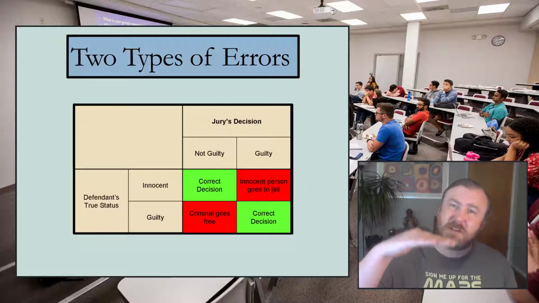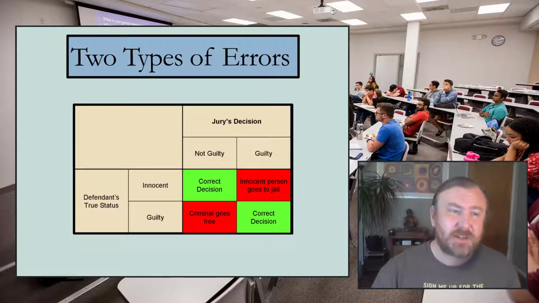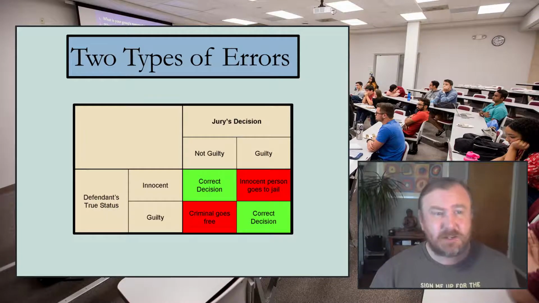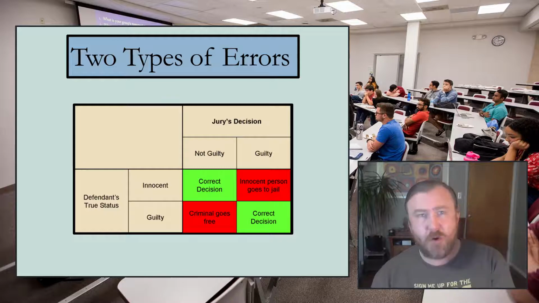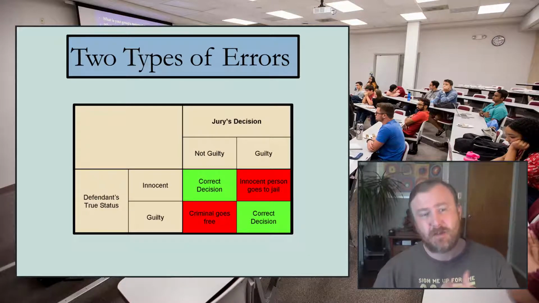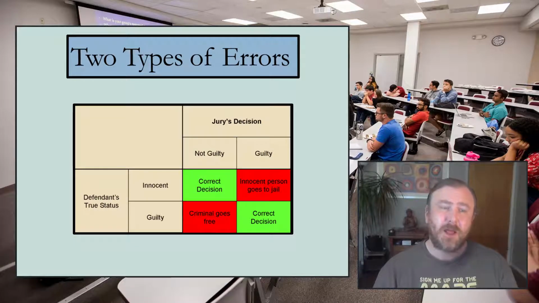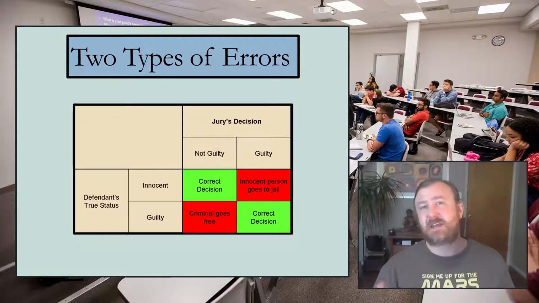And when we cross that with the decision of a jury, what they say is true, most of the time, not guilty people are going to go away innocent. Most of the time, guilty people are going to be shown as guilty. But there are times when mistakes are made.